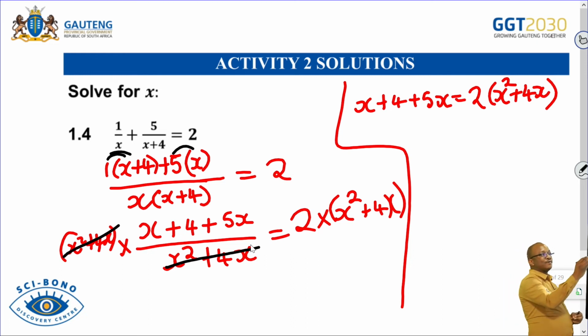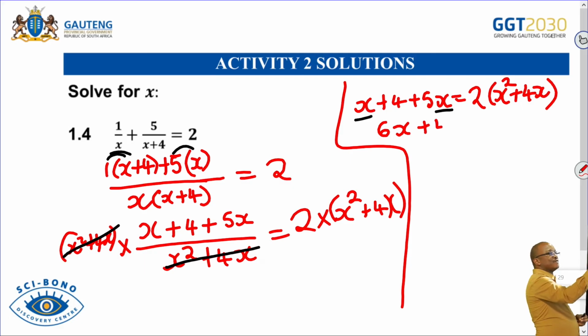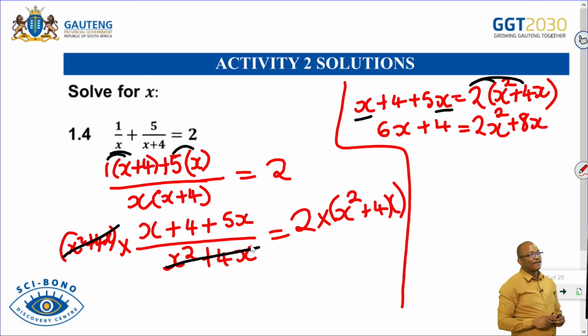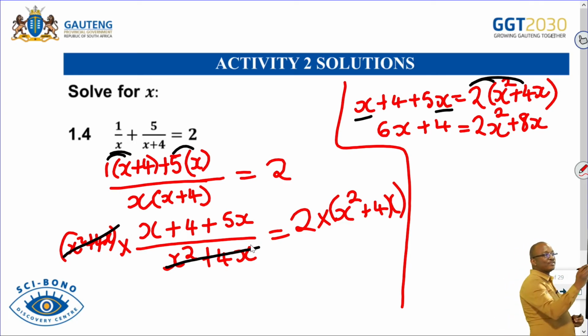Now we add the like terms. On your left-hand side, the like terms are x and 5x, so we're going to have 6x plus 4. On the right-hand side, you are going to multiply inside your bracket by 2, which is going to be 2x squared plus 8x. Correct? Then we take everything on the left-hand side and transpose it to the right-hand side.